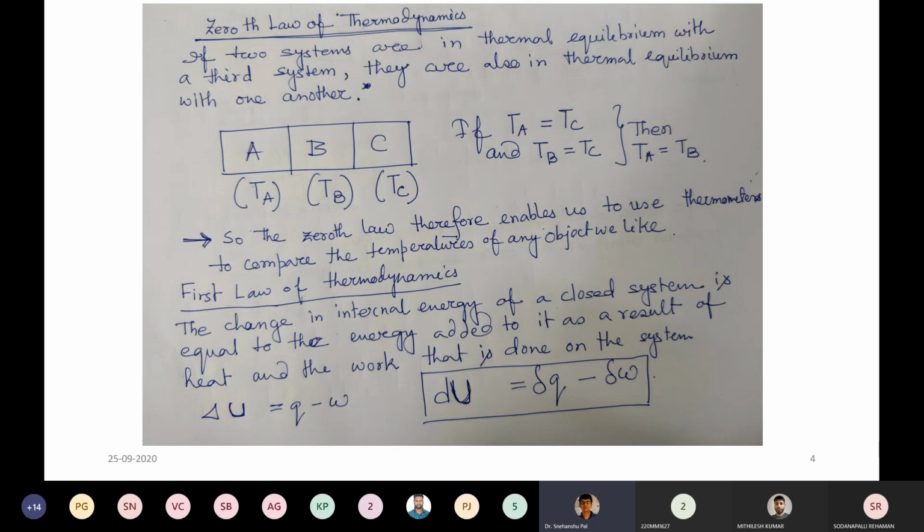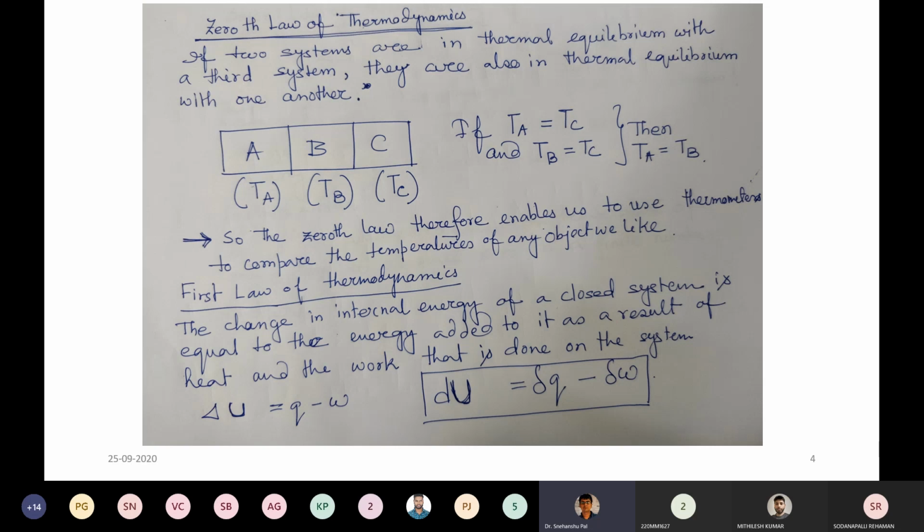What parameter indicates thermal equilibrium? That is temperature. So if TA equals TC and TB equals TC, then based on the Zeroth Law of Thermodynamics, we can say TA equals TB. The Zeroth Law therefore enables us to use a thermometer to compare the temperature of any object we like.